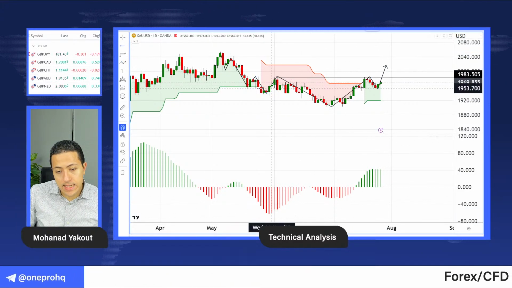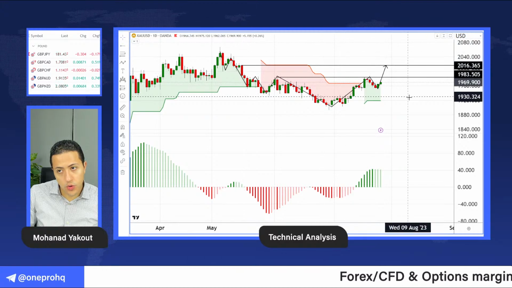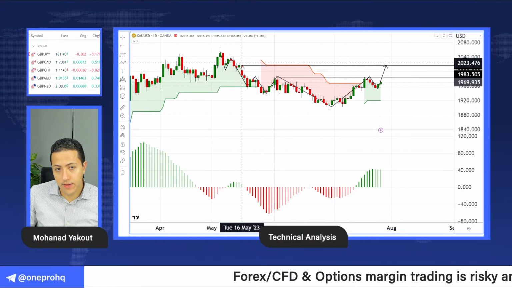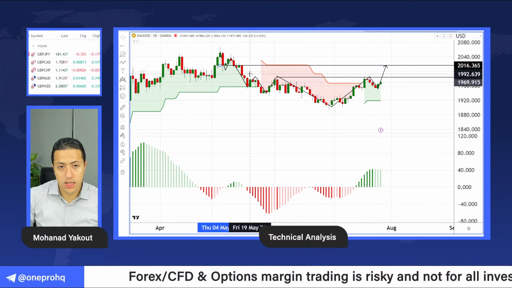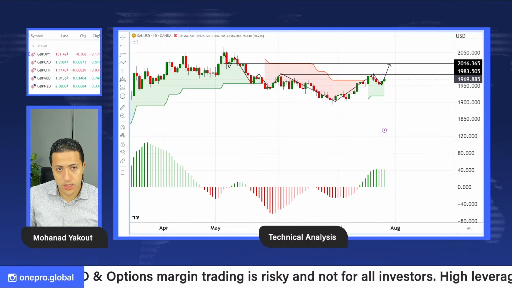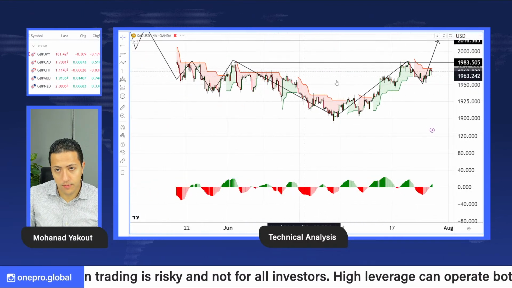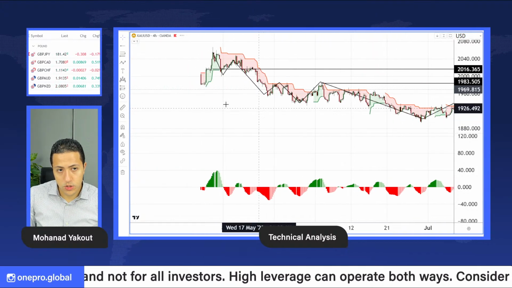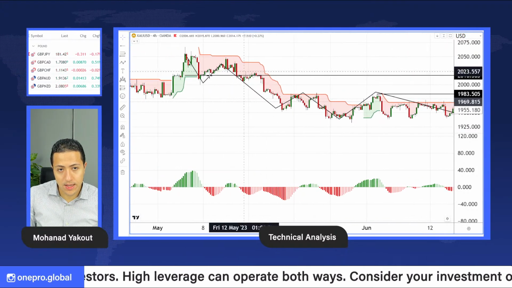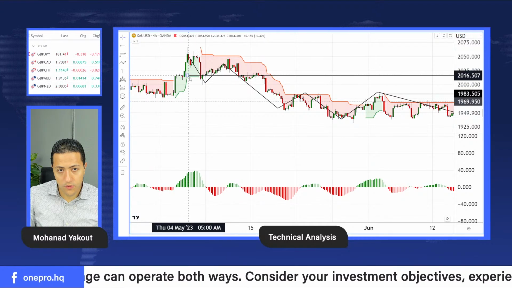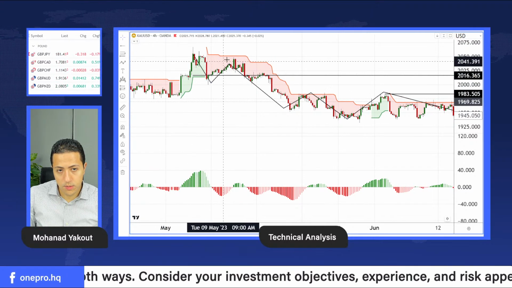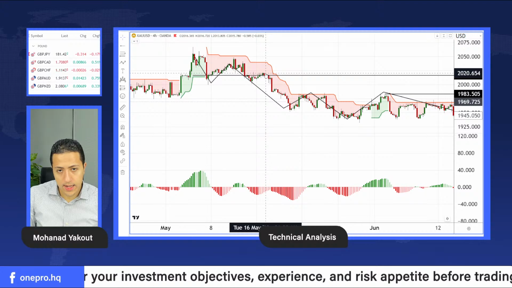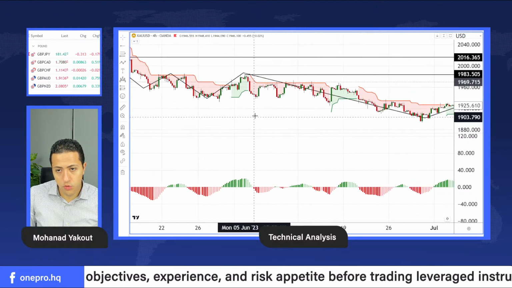At least the level of 2016 is something that we will definitely see, because that was an interchangeable level of support and resistance. See that on the 4-hour time frame, okay? 2016. So you can see this cluster of prices, it was support, broken below, acted as resistance, continued to move lower.